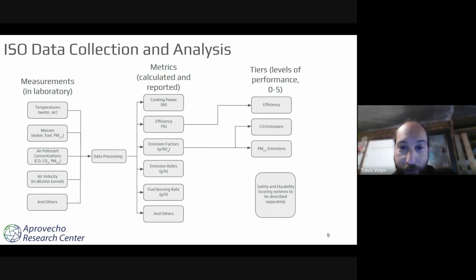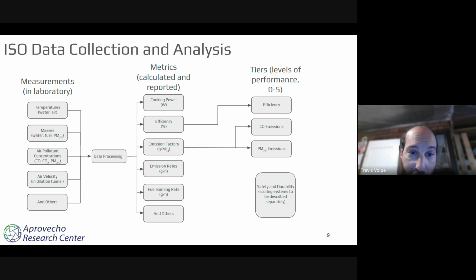Once we have all our data collected, it gets processed. In our case, at Aprovecho, we have developed an application that streamlines the process, does all the calculations for you, and presents a nice form to analyze that data after the fact. The metrics that get calculated and eventually reported are going to be the cooking power of the stove in watts, the thermal efficiency.